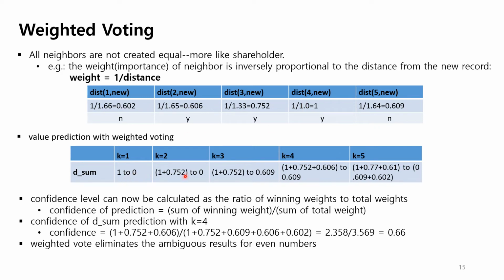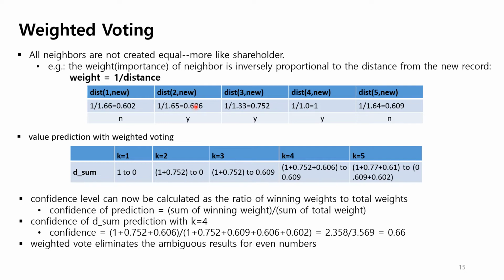And if you choose, let's say, this one, k equals 4, then you choose 4 nearest neighbors. Then you choose this one, and this is the second highest weight, and the third highest weight is this, and the fourth highest weight is this. So basically you choose these 4, and we have 3 y and 1 n, right?